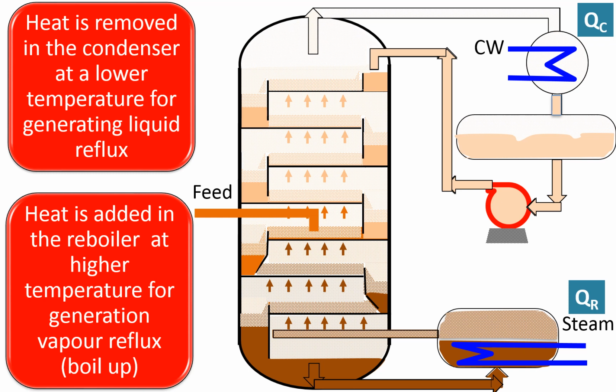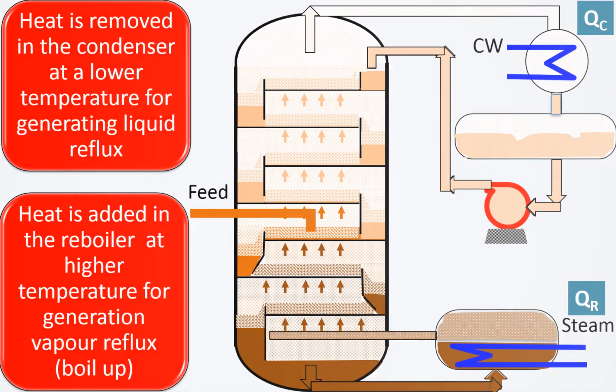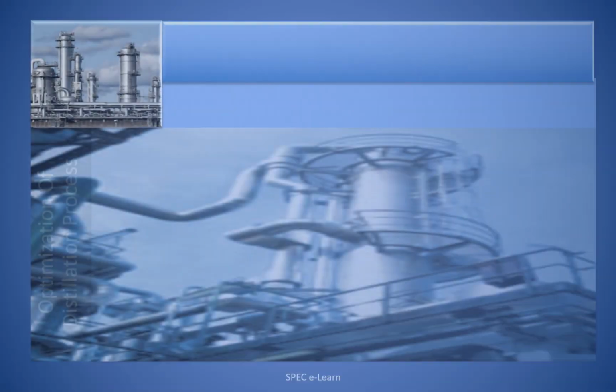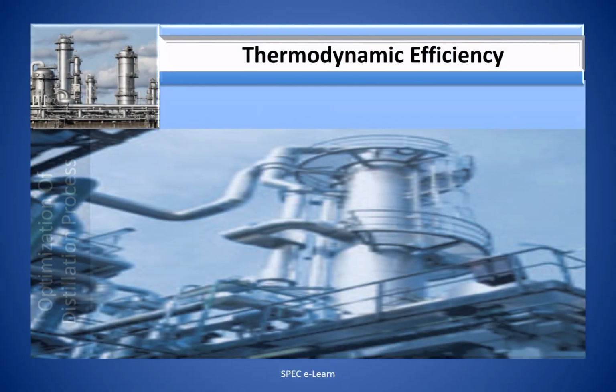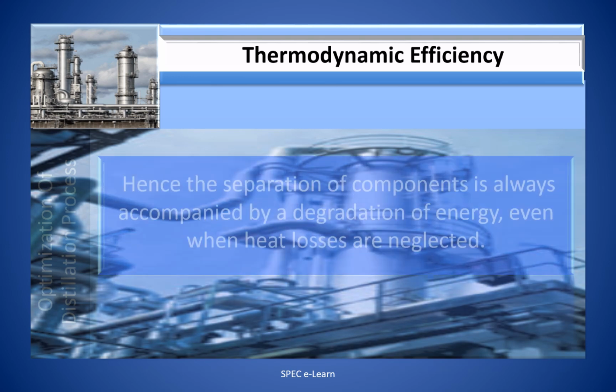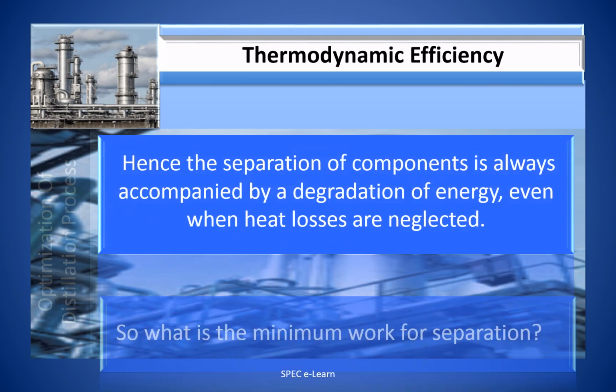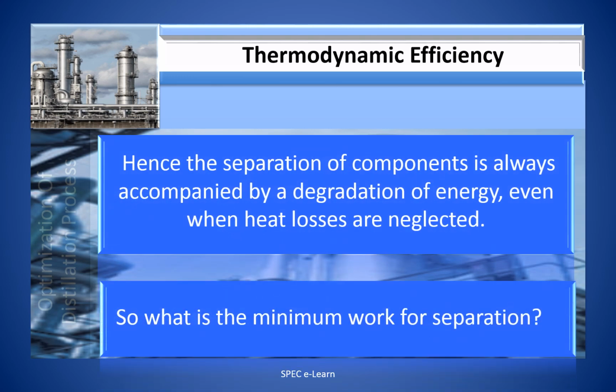The heat is removed in the condenser at a lower temperature for generating a liquid reflux. Hence, the separation of components is always accompanied by a degradation of energy even when the heat losses are neglected.